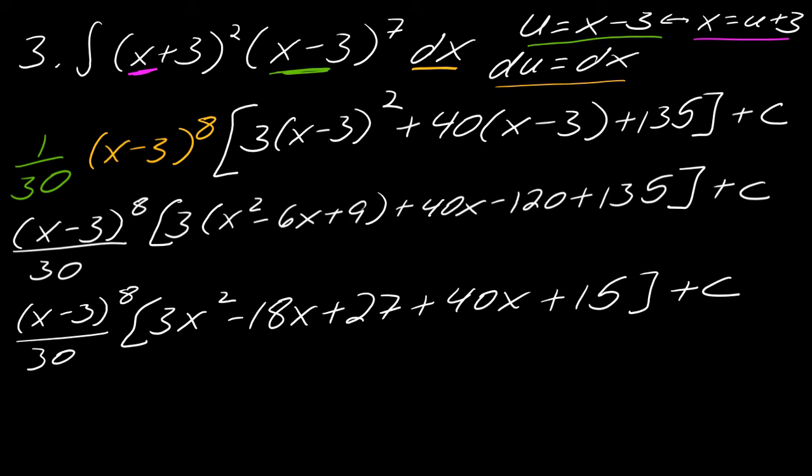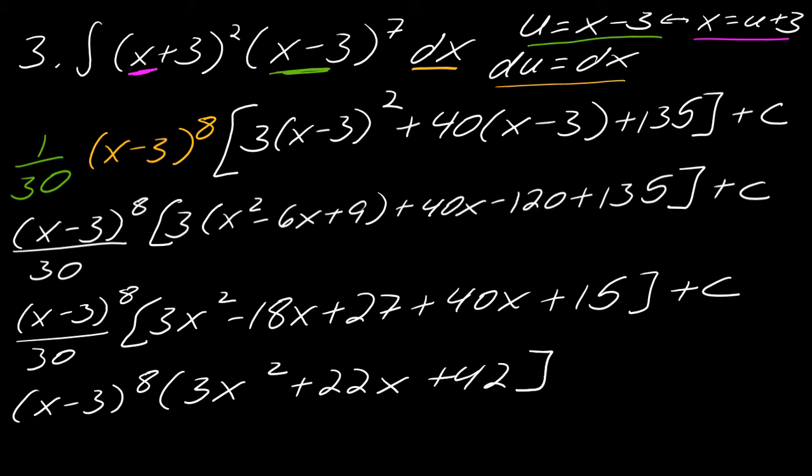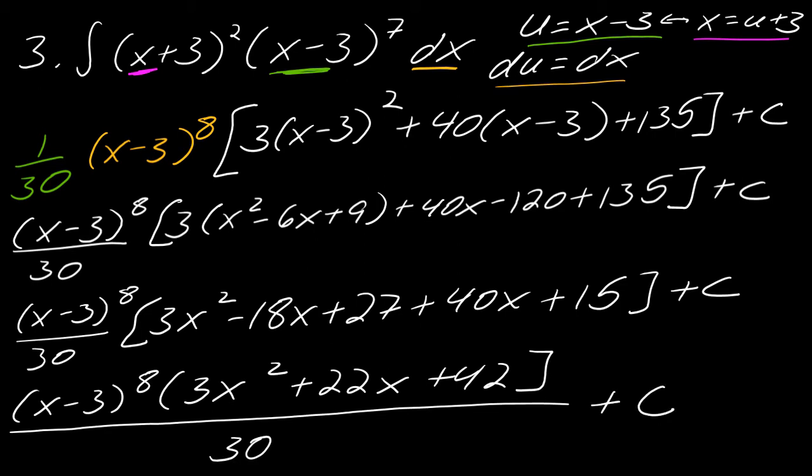Okay, so now if I finish this up, I get x minus 3 to the 8th times 3x squared plus 22x plus 42. All of this can go over 30 plus c. So it's a little bit more work. There's a phrase we have in calculus that it's not the calculus that's going to hurt you, it's the algebra. Oops, and this should be a rounded bracket, sorry. And this is one of those problems where, if you are expected to simplify all the way down, this would be how you would do that, okay?